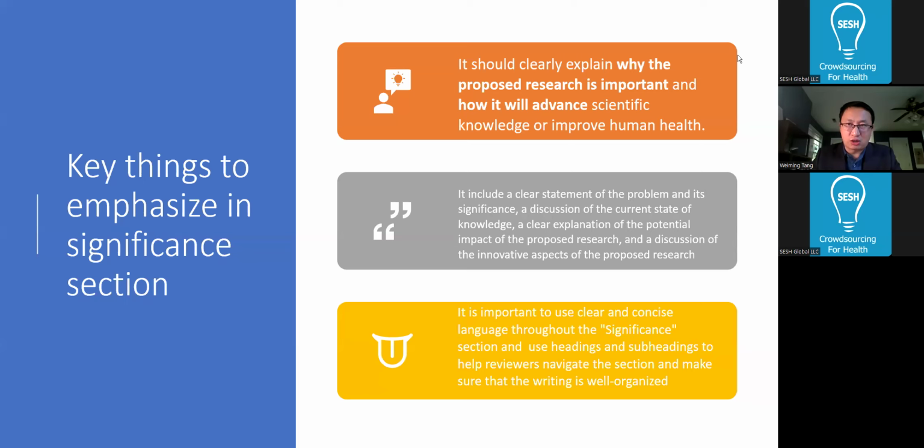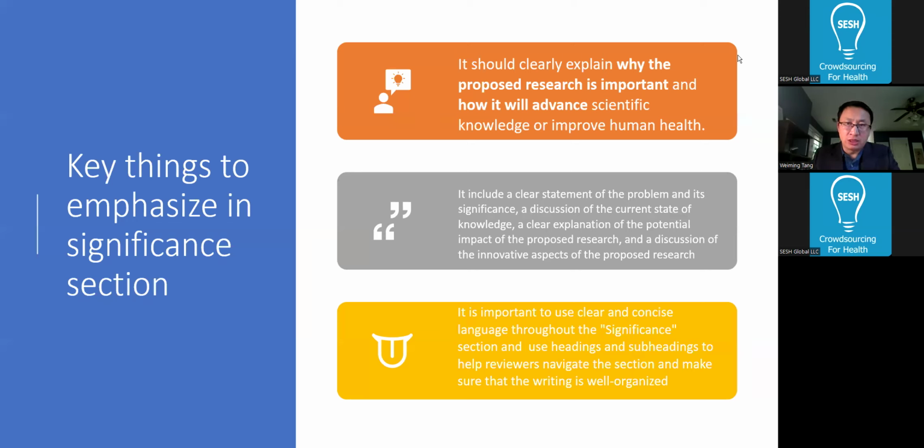In this section, you need to use very concise language to state that your study will advance the knowledge and improve human health. You don't need to focus on too broad things. You just need to focus on the research questions you proposed in the aims page.